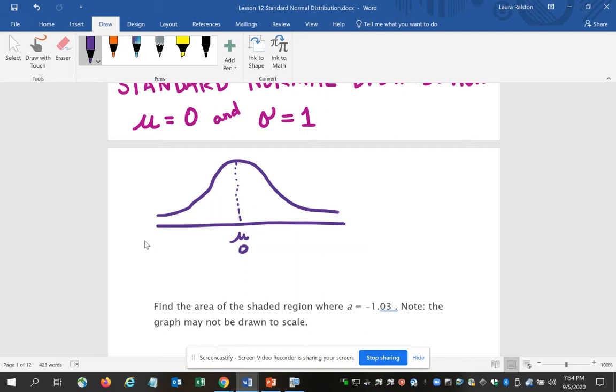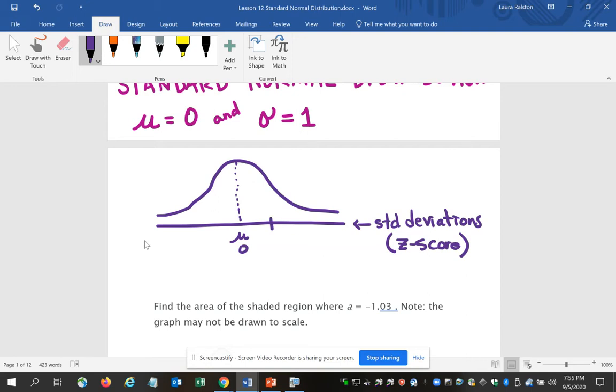And then the units on this number line correspond to the number of standard deviations that you are above or below the mean, which relates back to the z-score that you talked about earlier. So when you deal with the standard normal distribution, most everything is stated in relationship to a z-score.